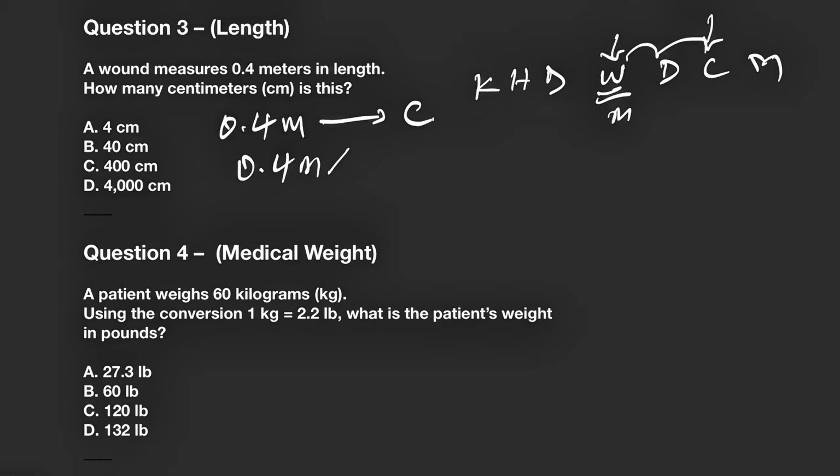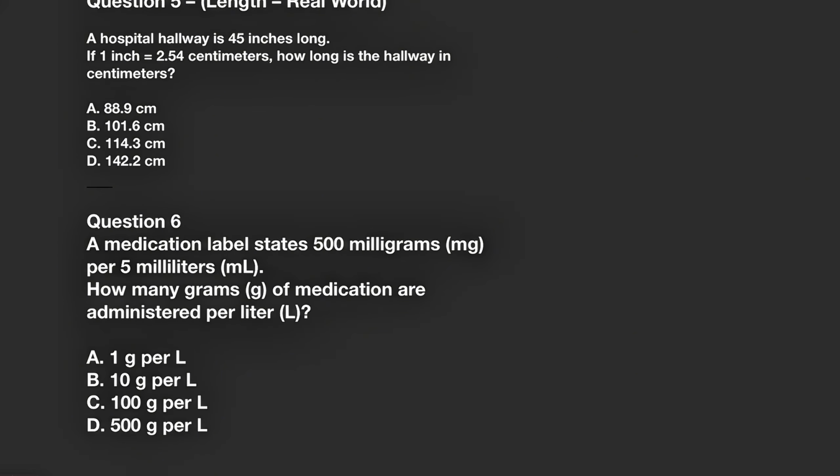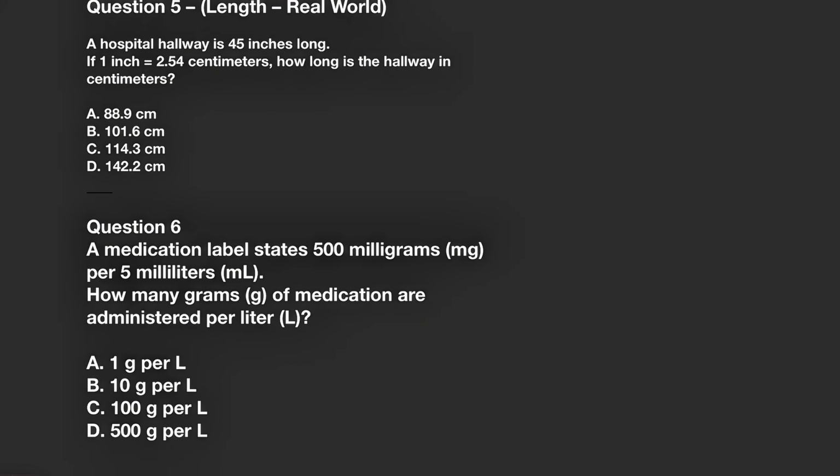Perfect. Now let's look at question 5. A hospital hallway is 45 inches long. If 1 inch is equal to 2.54 centimeters, how long is the hallway in centimeters?